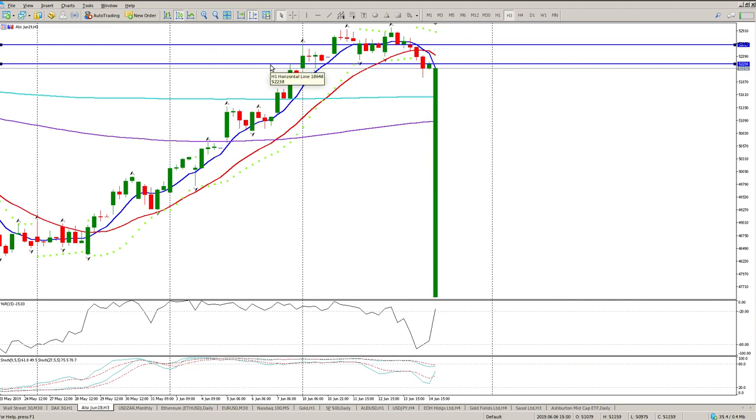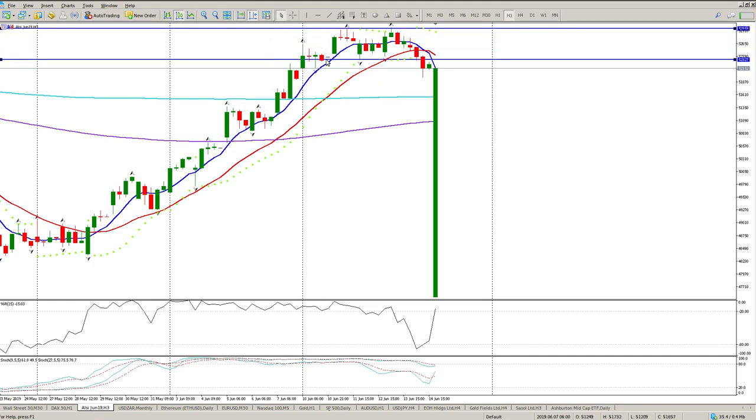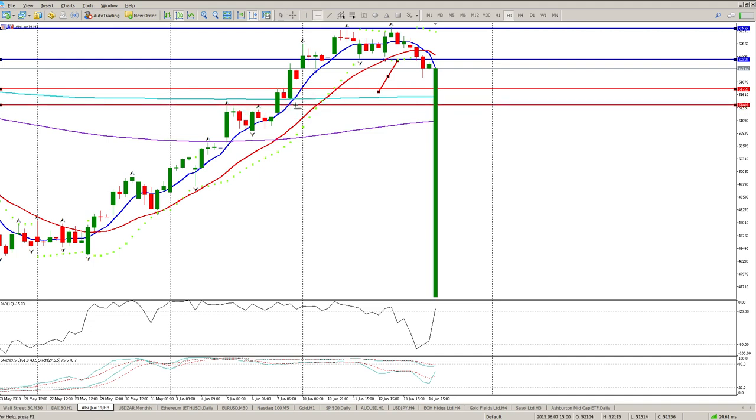So if I start using these levels here, that's my double top target. There's my double top. What is my target on this? And does it line up with something? It lines up with that, and the next level that it lines up with is that down there.